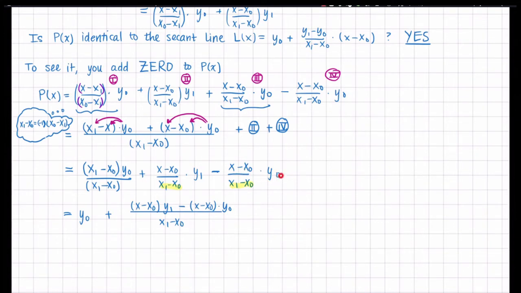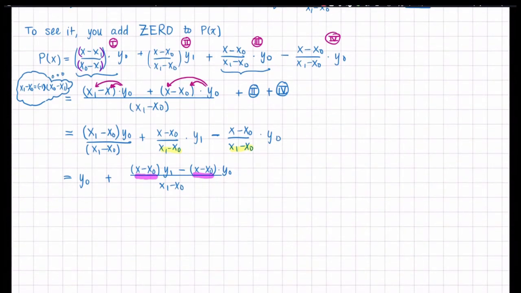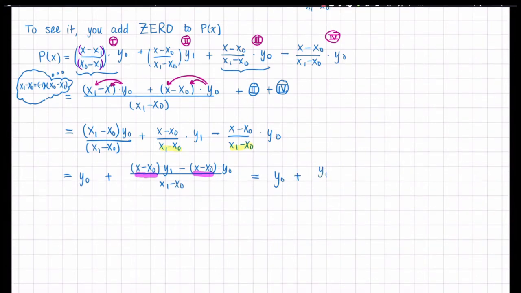Now if you take a look, x minus x naught, that's a common term. So I'm going to write this as y naught plus, I'm going to write down the y1 minus y naughts.